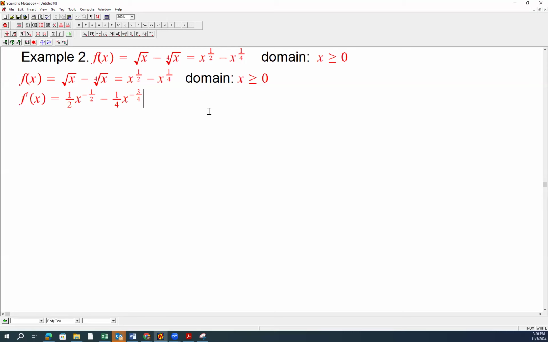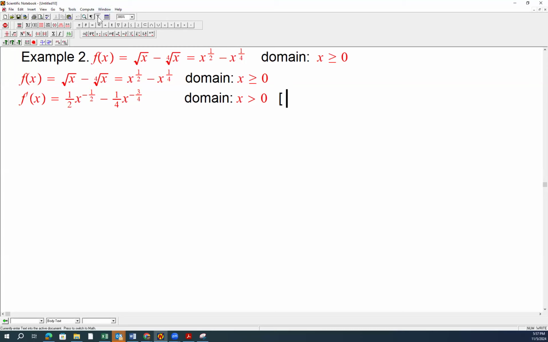Okay, so by this time, actually, we can assess the domain already. This domain is going to be different from the function itself because this domain is going to be x greater than 0. So that makes 0 a critical number. Okay, so we should make a mental note.